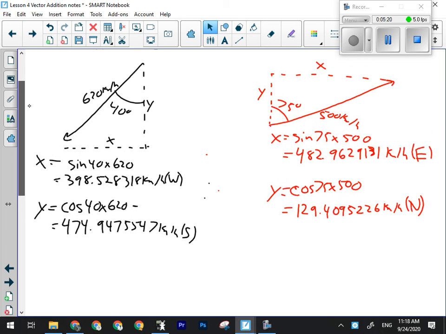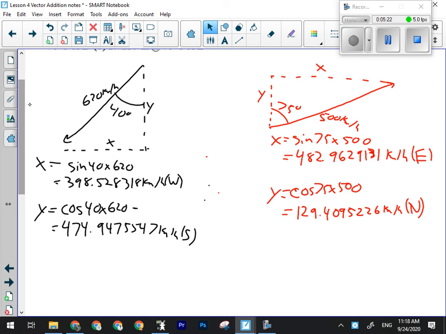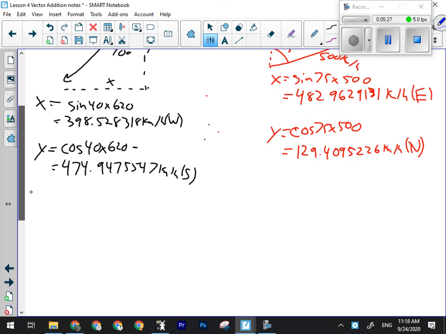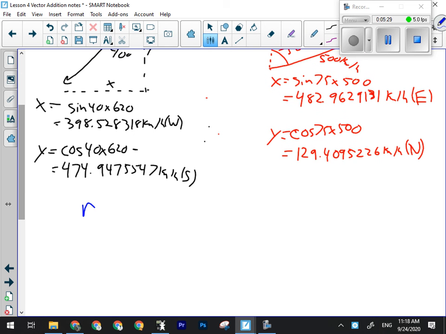All right, so now that I've got all of this stuff, I need to calculate my resultant's x and my resultant's y. My resultant x is going to be the 398 kilometers per hour west plus 482 kilometers per hour east. In other words, I've got to subtract them.